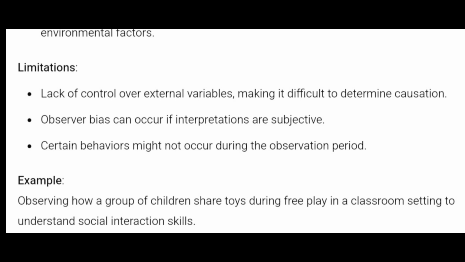You can be biased if you are directly the observer of the child's natural setting. Certain behaviors might not occur during the observational period. Yes, the child might not show the behavior which they would have shown naturally, so you might miss out on some things.